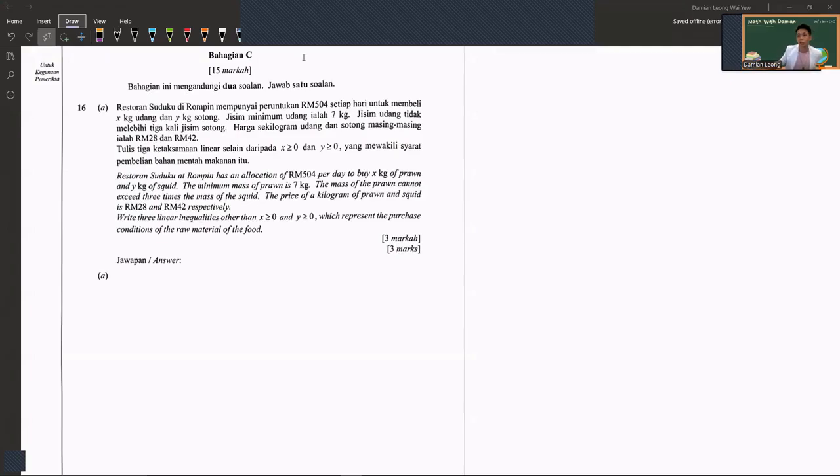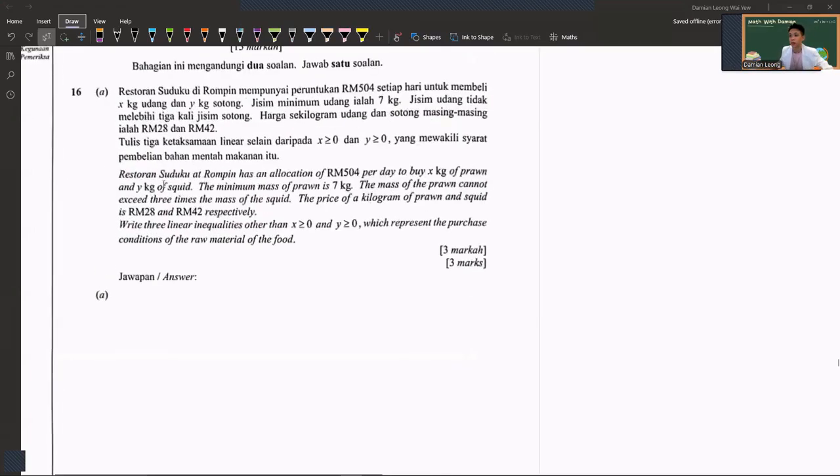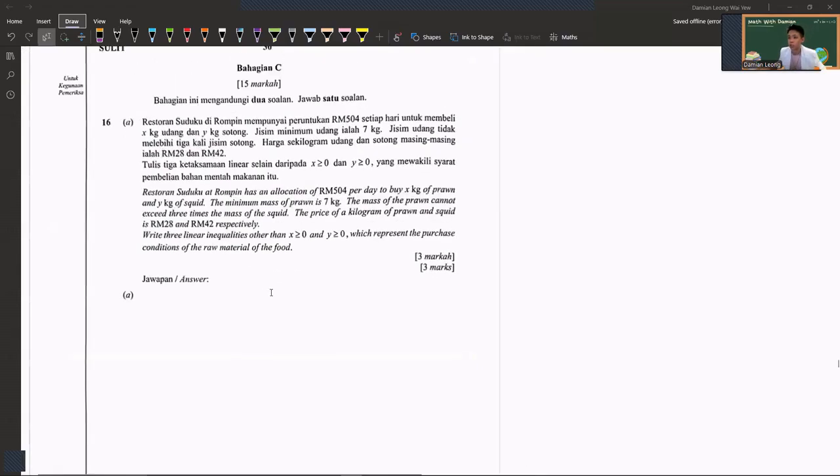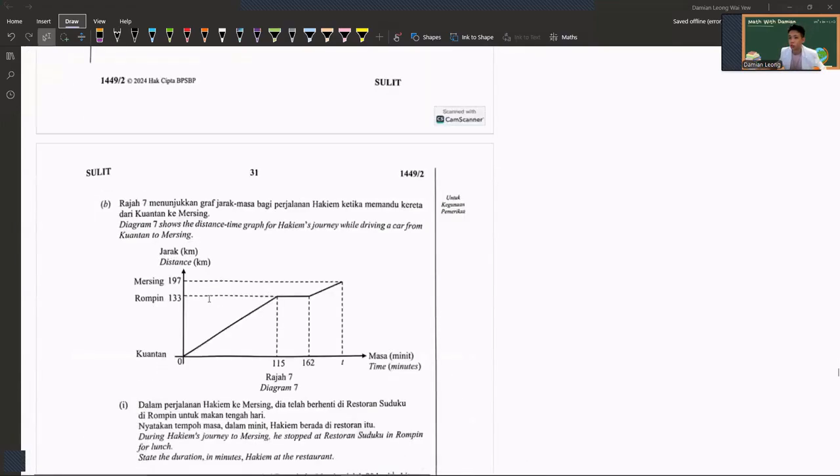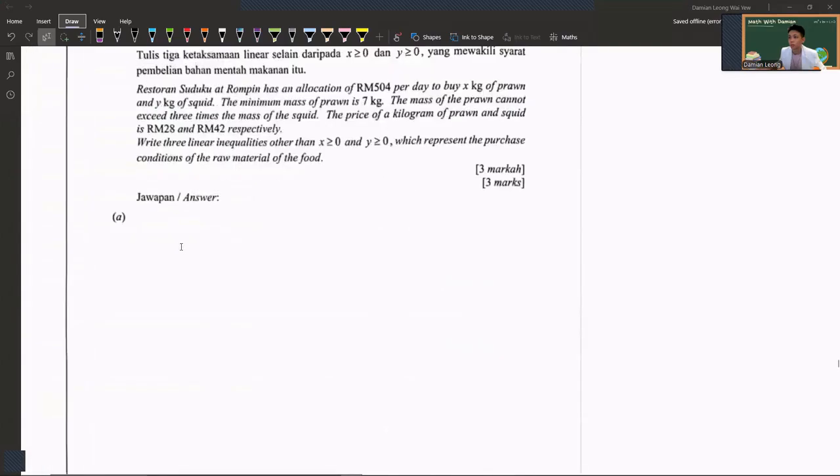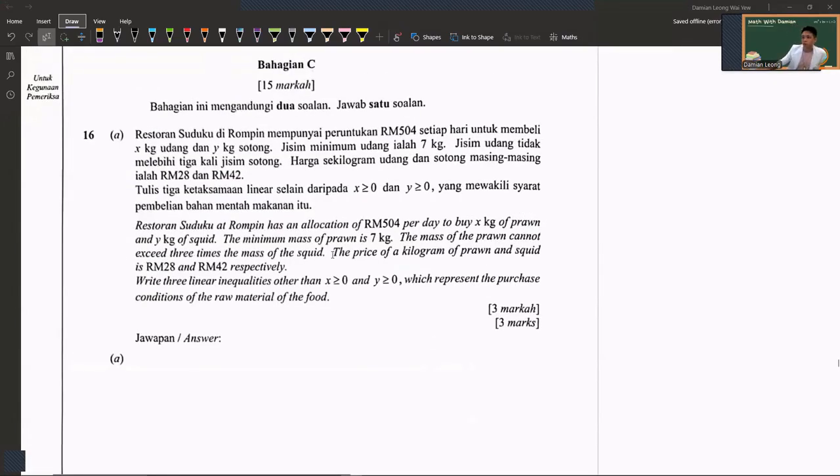So question 16 here, restaurant Sudoku at Rongpin has a allocation of 504 ringgit per day to buy X kg of prawns, and Y kg of squid. The minimum mass of prawn is 7 kg.